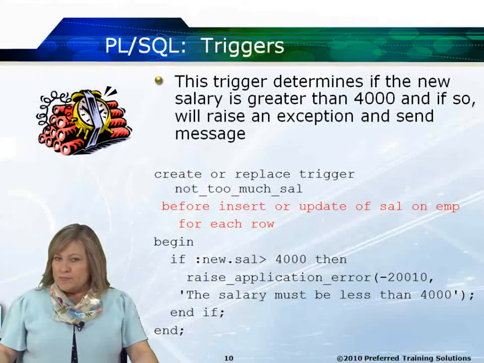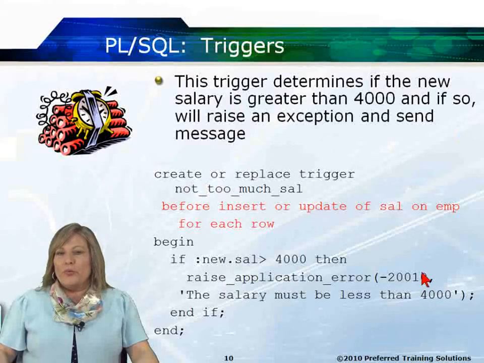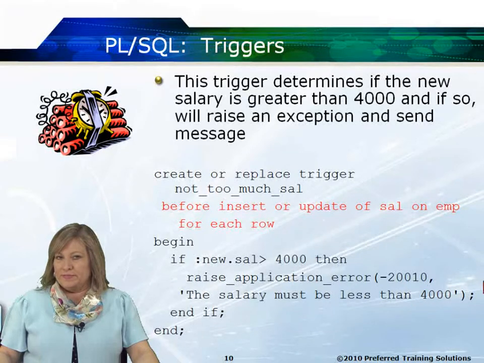So I'm going to send you a message using raise_application_error. I'm going to use an appropriate error number here that's between negative 20,000 and negative 20,999. And I'm simply going to say the salary must be less than 4,000. I end the if. I end the create trigger command.